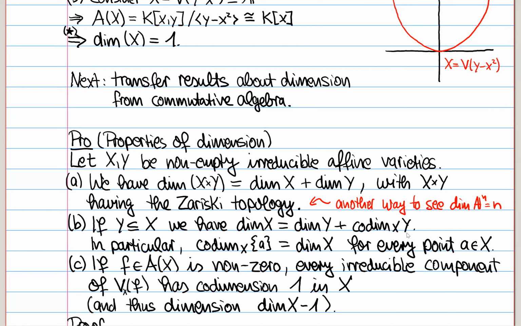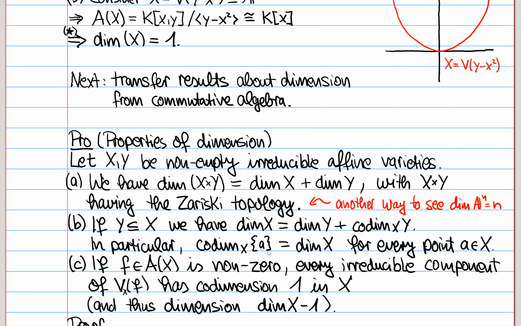And this makes sense, because the codimension should be the deficit of the dimension of Y inside X. And in particular, if you choose Y to be a singleton set, a single point, then the codimension of this is equal to the dimension of X. To see this, you just have to observe that the dimension of this Y is equal to 0. And that is, again, very easy to see from the definition, because it's just a single element set. So the only chain of irreducible subsets is just the chain of length 0 formed by this single set.